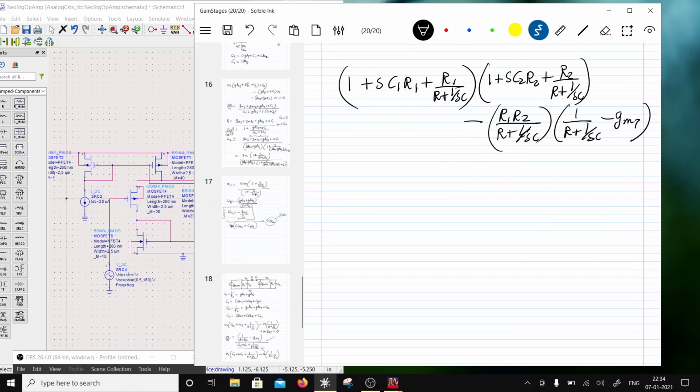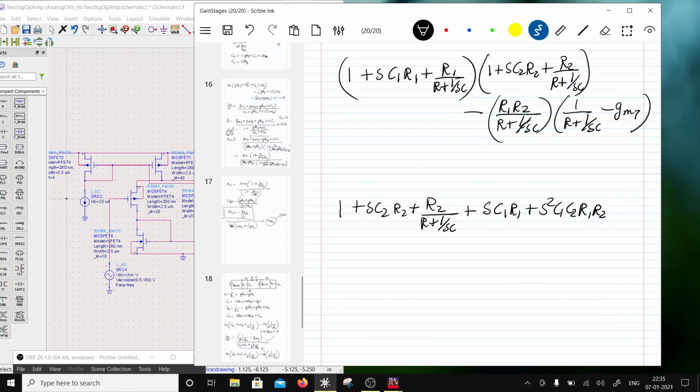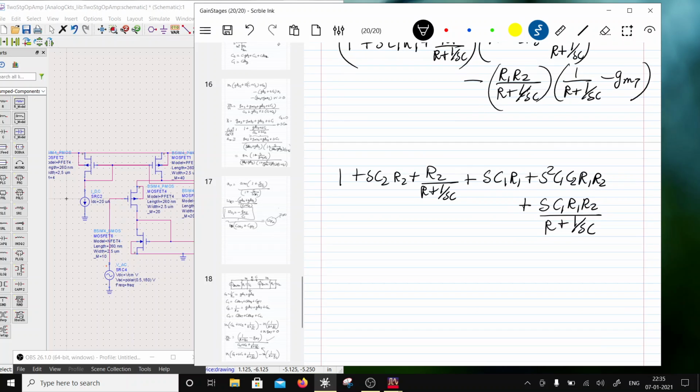So let's open the brackets. So I'll be left with 1 plus SC2 R2 plus R2 by R plus 1 over SC, and then I'm multiplying the second term, which is going to be SC1 R1 plus S square C1 C2 R1 R2, right? And then I will do plus SC1 R1 R2, right, divided by R plus 1 over SC, and then the last term I'll multiply.